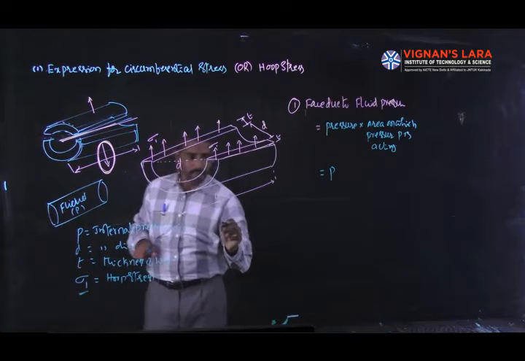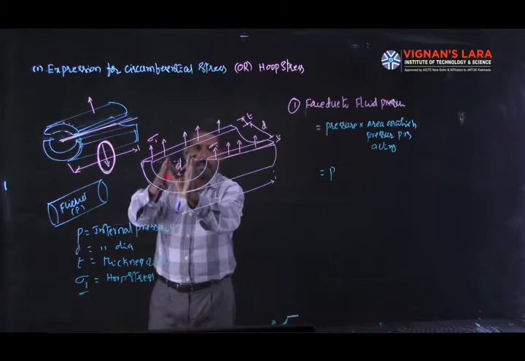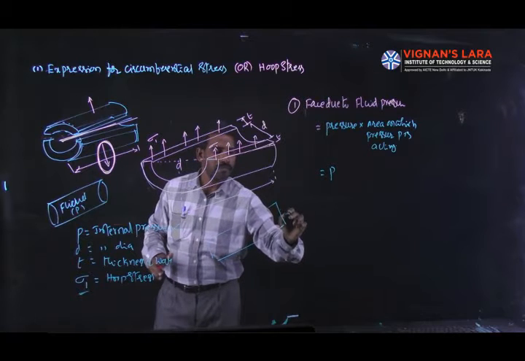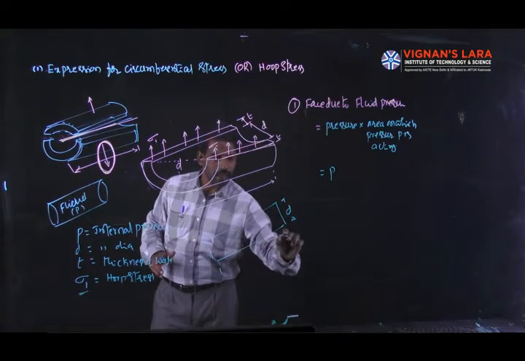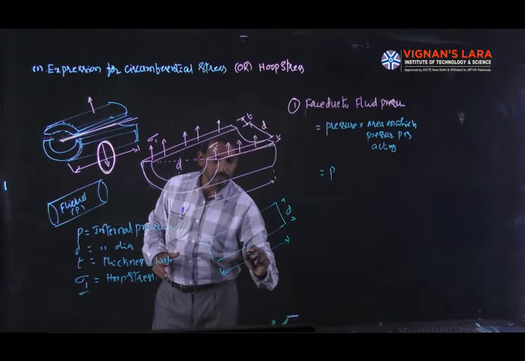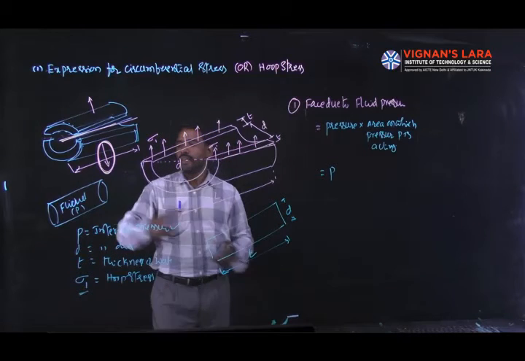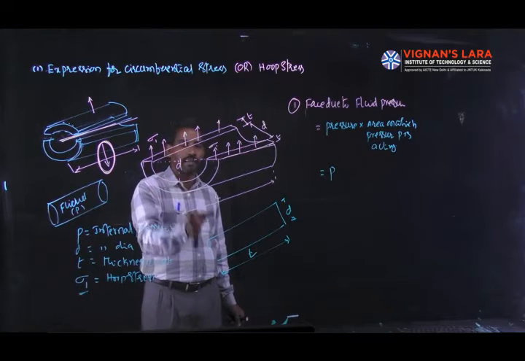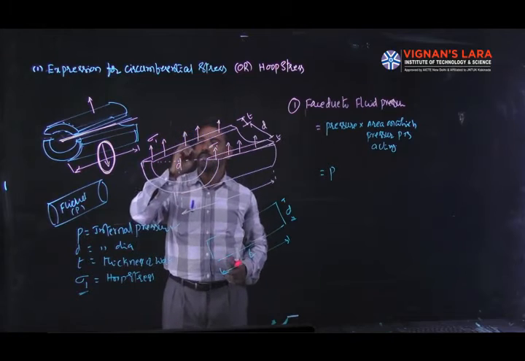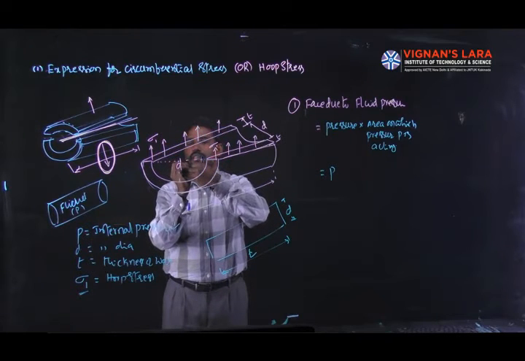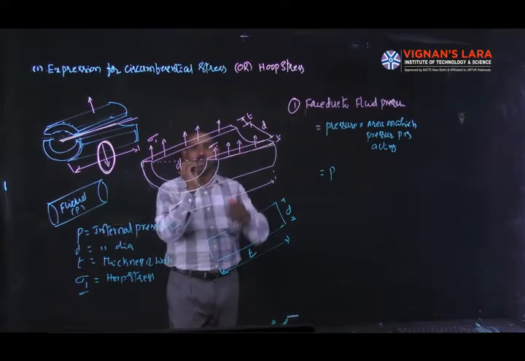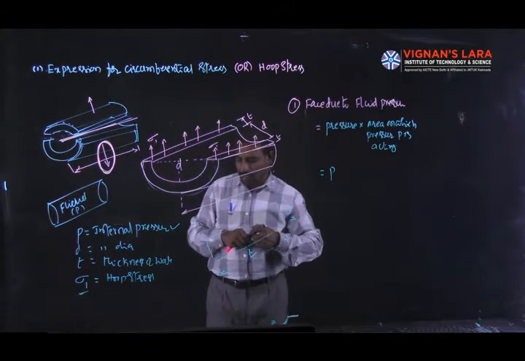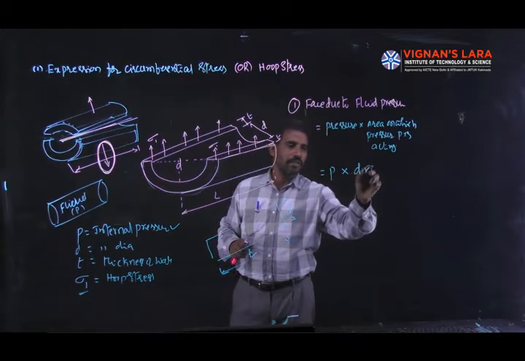If the shell is opened out, it simply looks like a rectangle, with one side D and the length L. On which area is the pressure acting? Simply the area with dimensions D and length L, that is D into L.